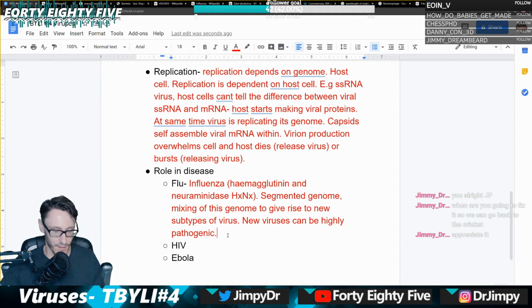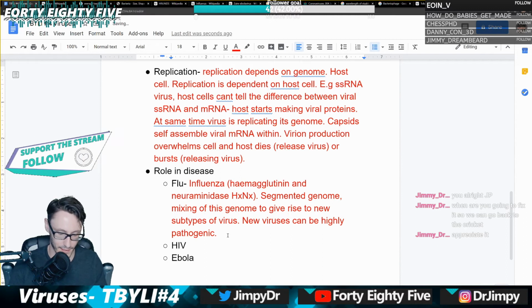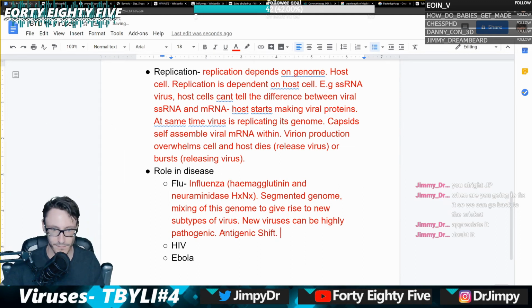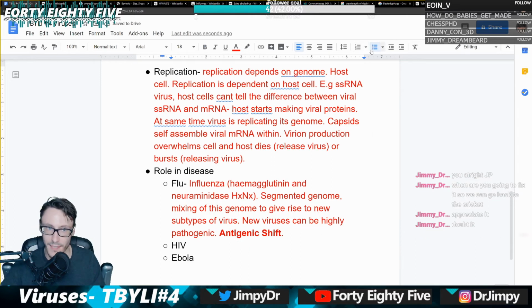Something you may have heard of is that this process is called antigenic shift, right? And it's because it's a massive shift in the genome. You also get something called antigenic drift in flu viruses and a lot of other viruses, which is where the genome changes subtly, a base pair here, a base pair there, part of a protein removed, part of a protein added or coded for.